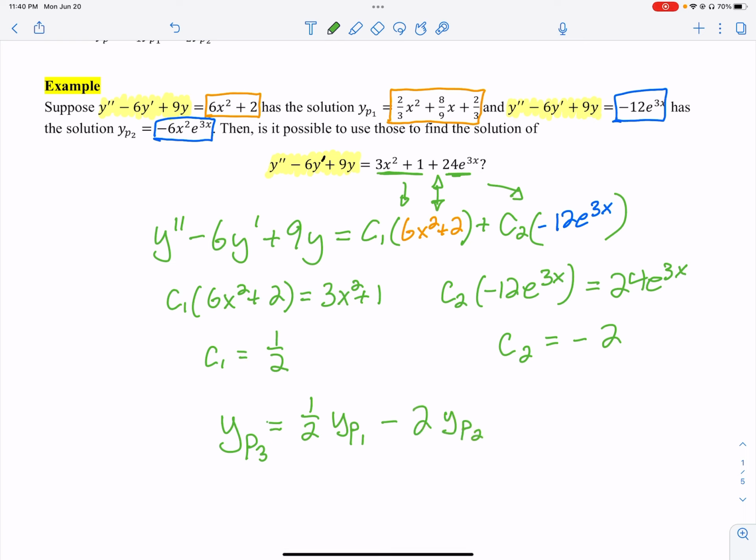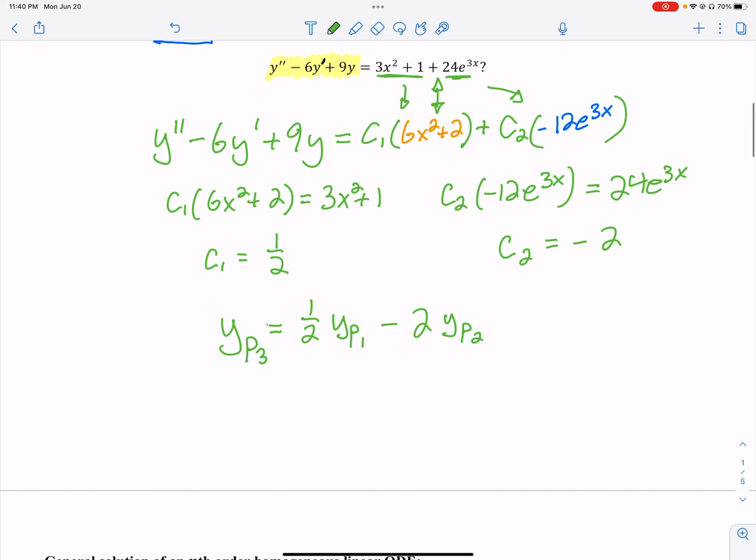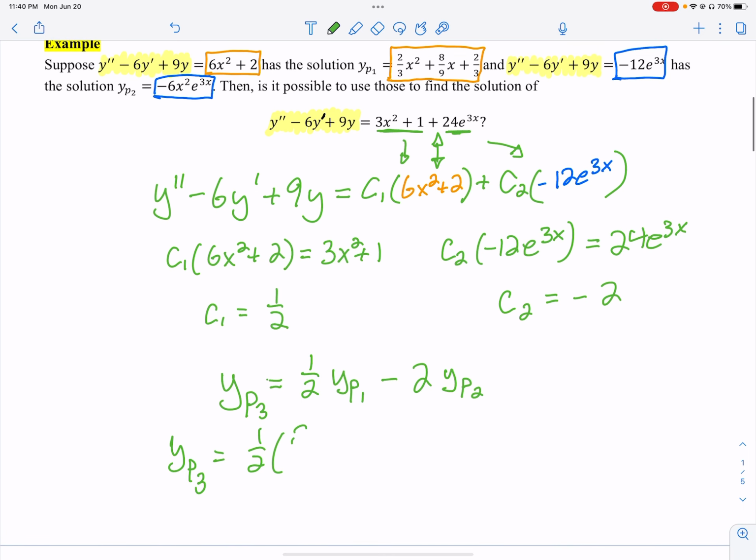And we would just plug those in. Let's do that. Y sub p sub 3, and that's 1/2 times 2/3 x squared, 8/9 x, plus 2/3, minus 2 times negative 12 e to the 3x, and I'm good with you stopping there.